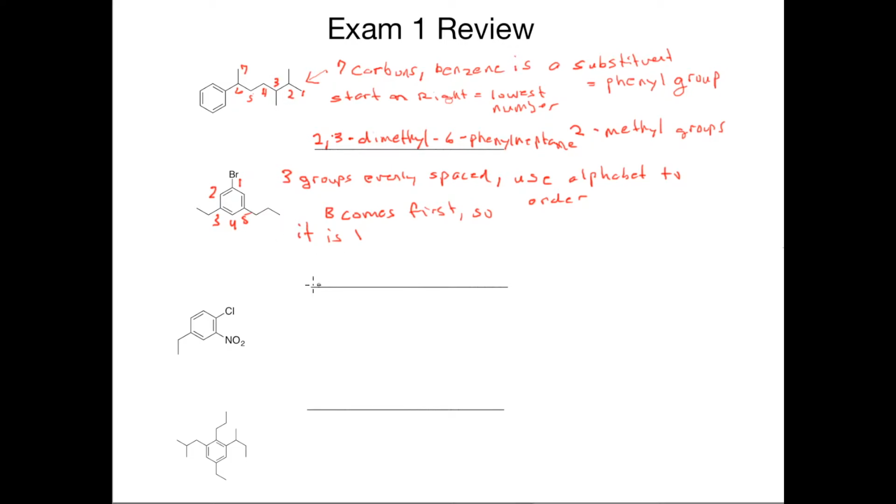So now you just need to list everything alphabetically and add it all in to make your name. So here I have 1-bromo, and then 3-ethyl, and 5-propyl, and then finally the parent here is benzene, so I need to add propylbenzene to that.